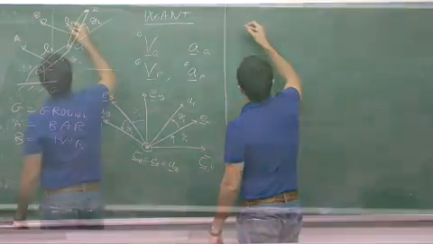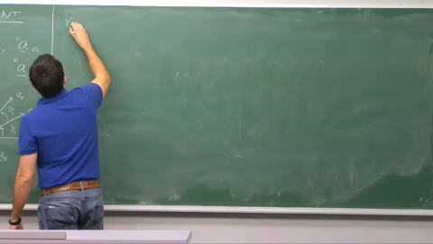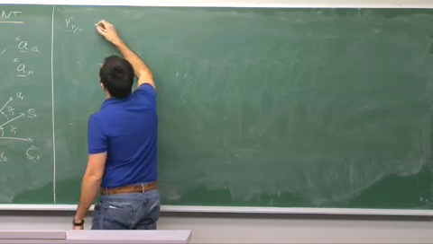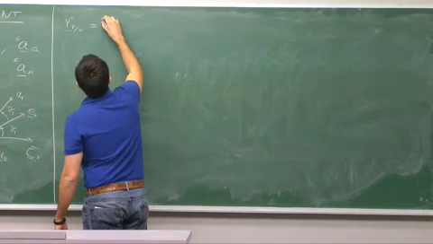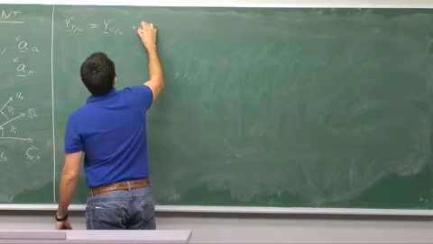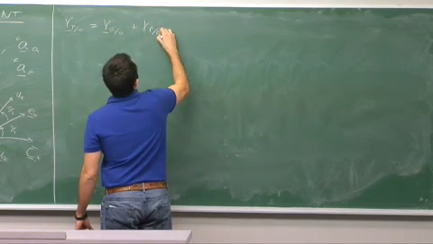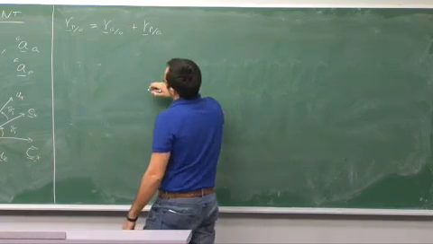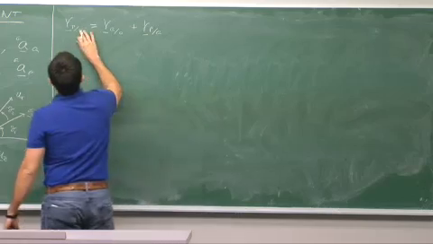Okay, so the position of P with respect to O, and again I'm going to drop this with respect to O in a second, is what? Position of Q with respect to O plus the position of P with respect to Q. Let me just drop this.